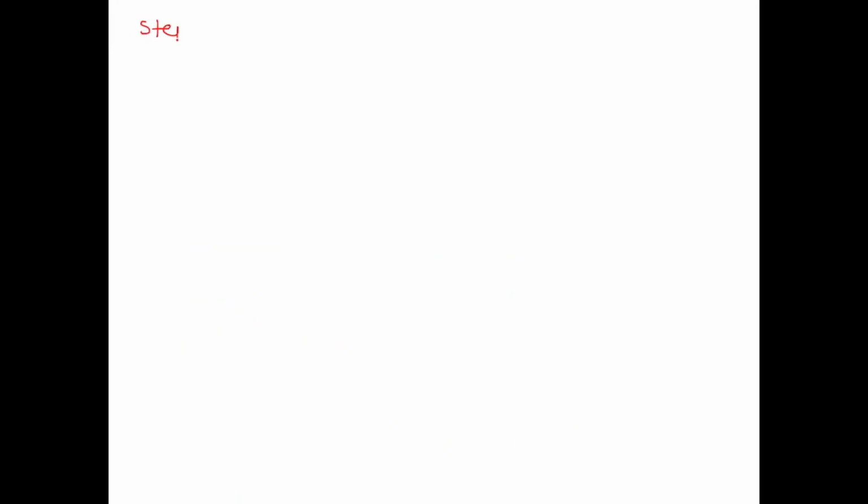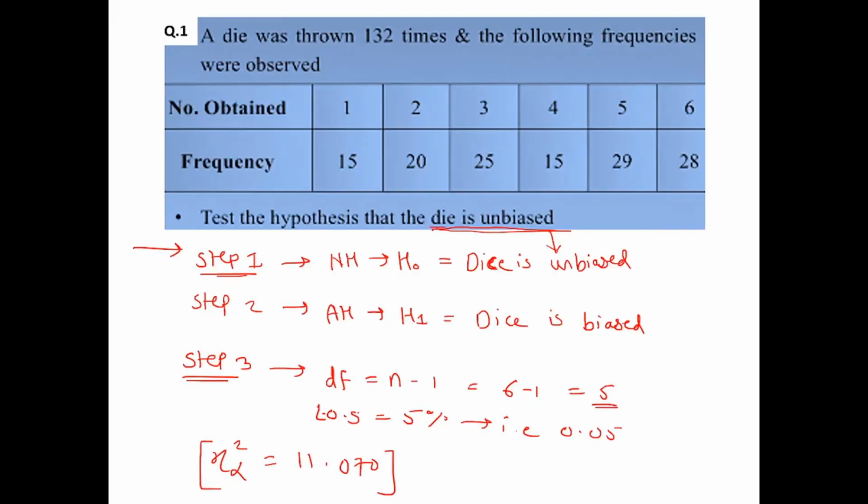Step 4. In step 4, we calculate the value of chi-square. The formula for the chi-square is the summation of observed value minus expected value, bracket square, upon E. Here the expected value we will calculate by using this frequency.